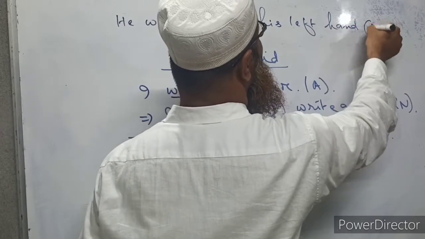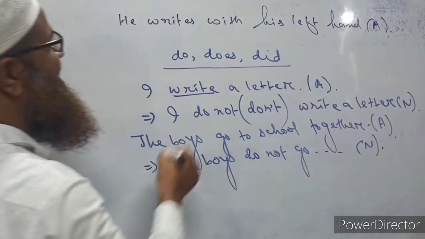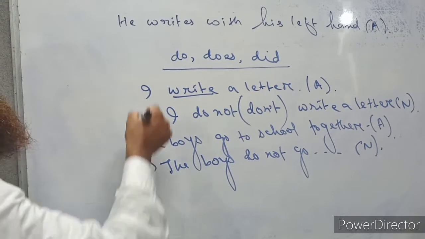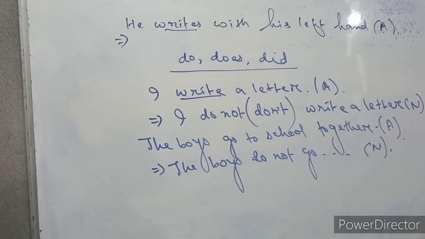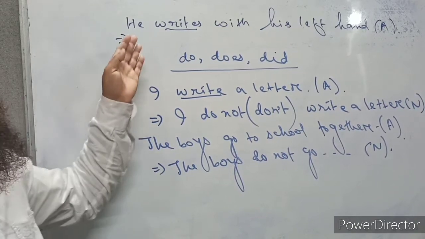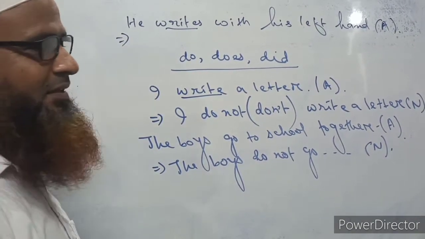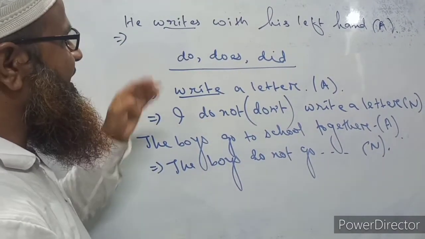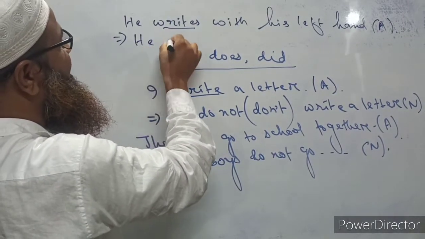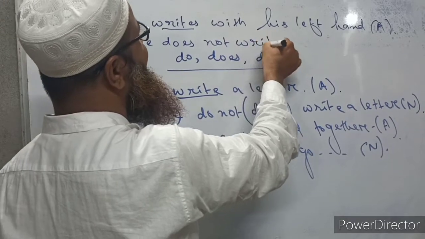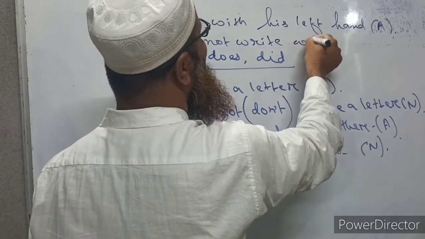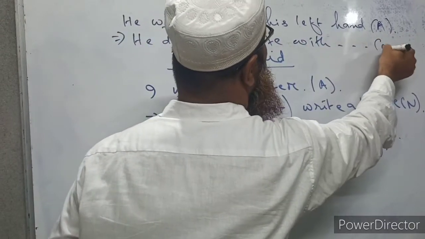So this is a sentence in the present tense. Here writes is the verb and it is in the third person form of the verb. That is why we have to take the help of does for making it negative. So it will be: He does not write with his left hand. So it will be the negative form.